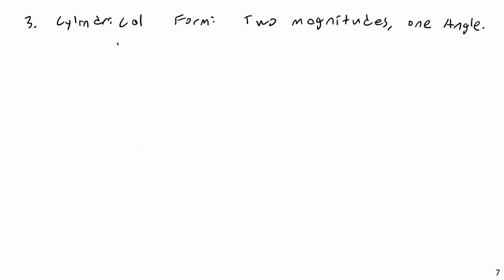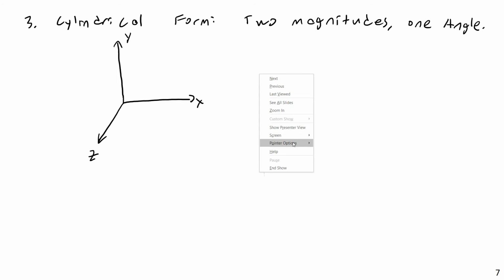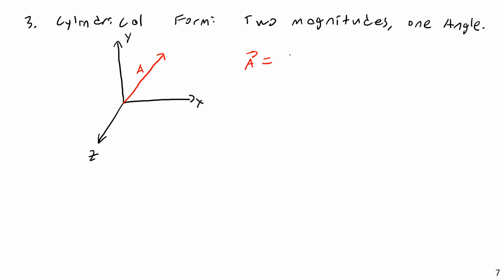So if I draw out my coordinate system again, say x, y, and z, and I have the same vector a here, I would say vector a was equal to three things.